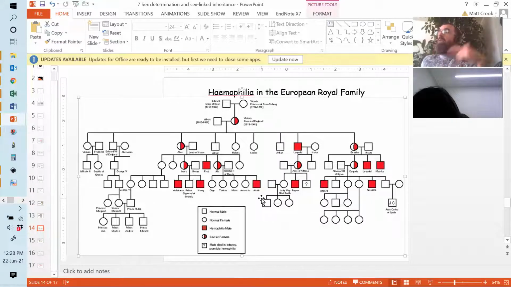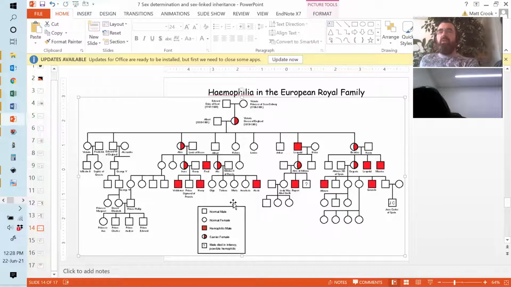So you can actually work backwards. It's kind of fun, like a logic puzzle, and figure out who has what. Sometimes you can't be 100% sure because it relies on those individuals having offspring.